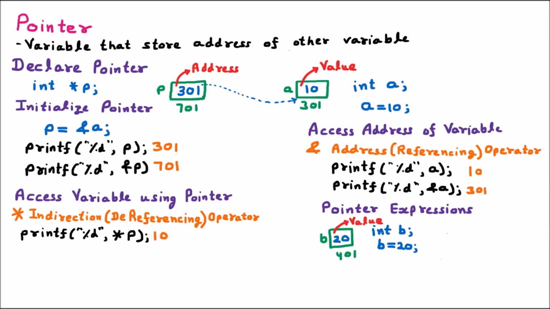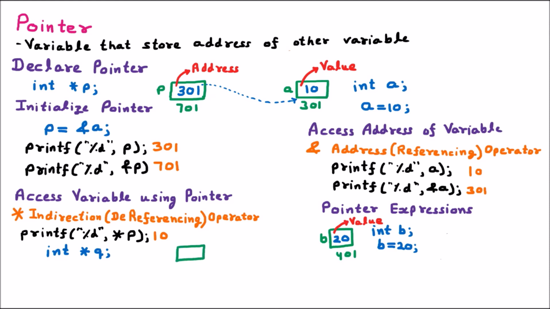In the same way, let us suppose that we are declaring one pointer. We are saying int star. The first time we use the star, it means the pointer declaration, and we are saying, let's say, q. So in the memory, there will be one block reserved.